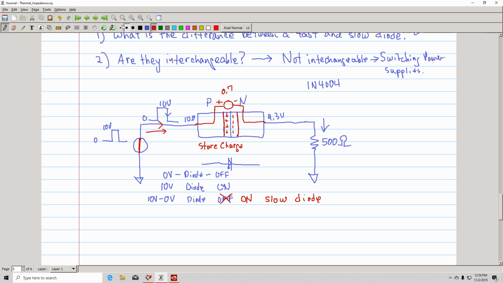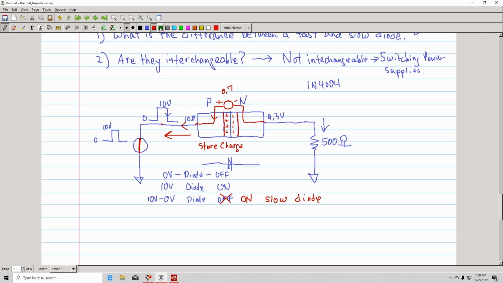But now that the 10 volts is turned off, you have a charge, and the charge of a positive device is going to go out the positive. So now you're flowing in the opposite direction. I hope you got that.